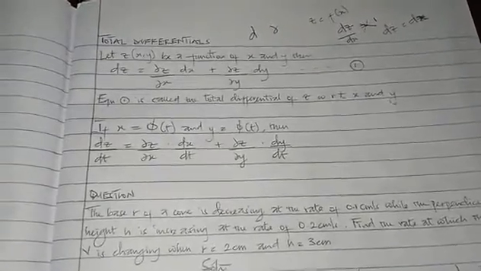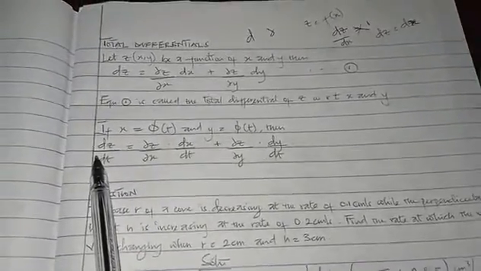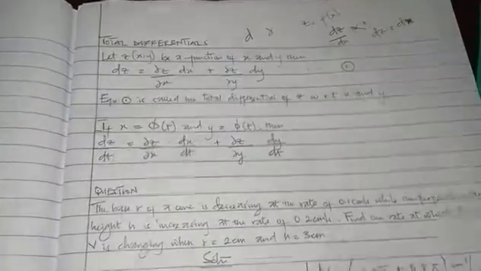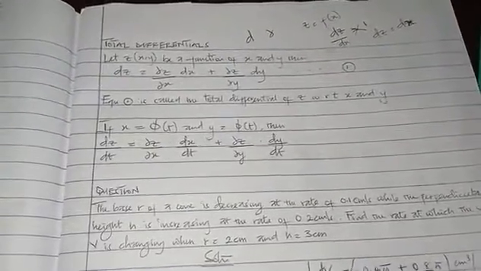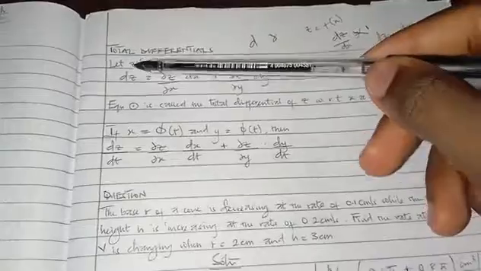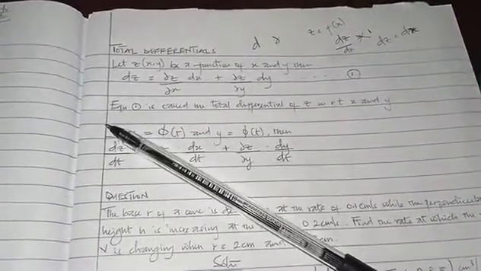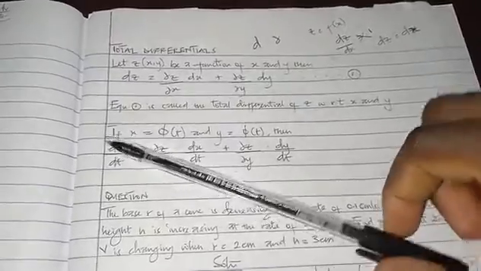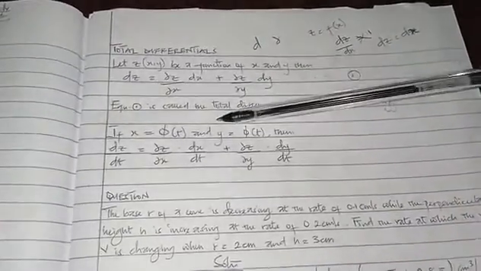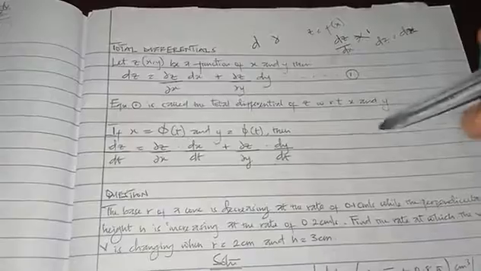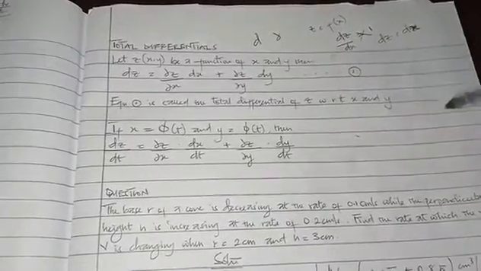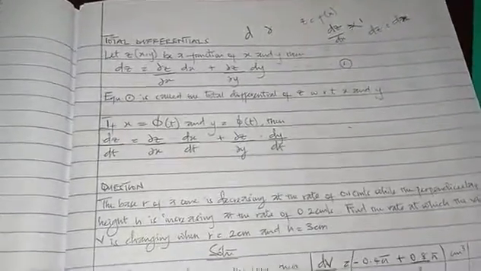Sorry. So for this now, let me explain it. So z is a function of x and y. It means that z can be expressed in terms of x and y. That's what function means. But x now is a function of t.